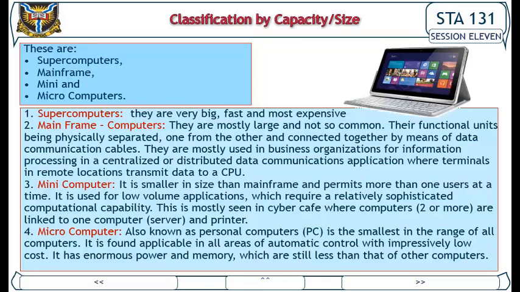Microcomputer, also known as personal computers (PC), is the smallest in the range of all computers. It is found applicable in all areas of automatic control with impressively low cost. It has enormous power and memory, which are still less than that of other computers.